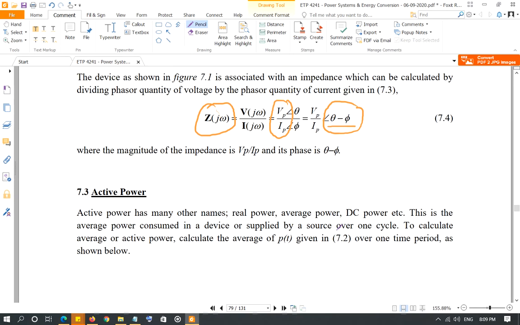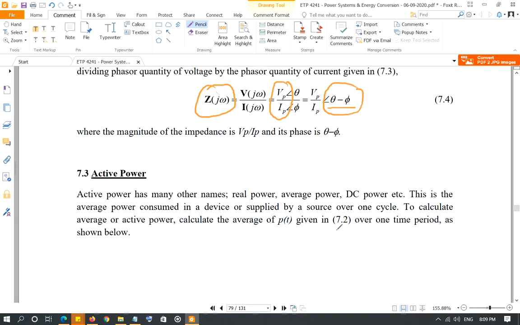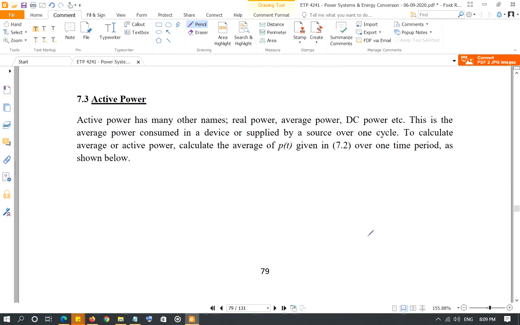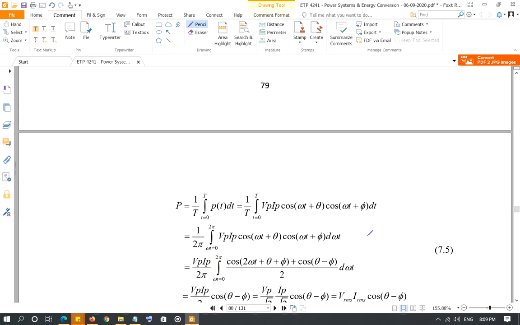So the second type of power is active power. As I discussed earlier, active power is also called real power, average power, DC power. All of these names are for active power. The unit is watt, and active power, as I mentioned, is the average value of instantaneous power. So right here, this is what I explained earlier.